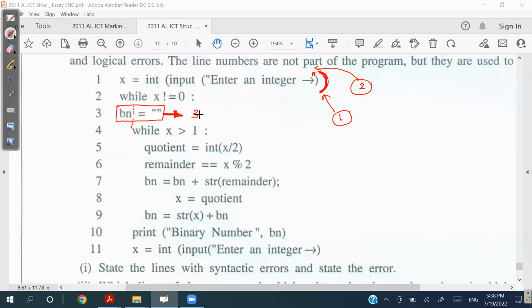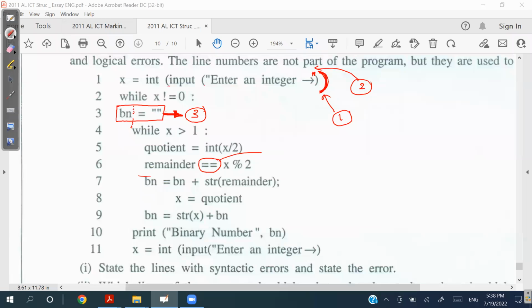So that is the third syntax error. This while is okay: while x larger than 1, the colon is there and the indentation has happened correctly. This is another place where you can find a problem.